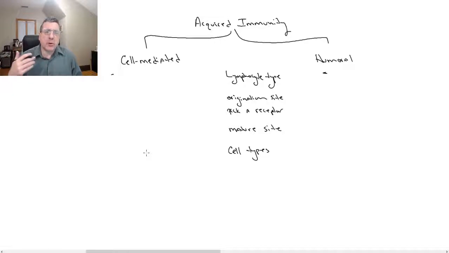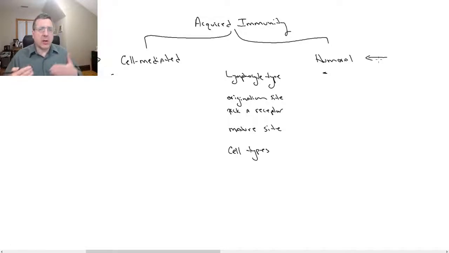Some people will say adaptive, some people will say specific. Here we're just going to use acquired. There are two subcategories of acquired immunity: there's cell-mediated immunity and there's humoral immunity.